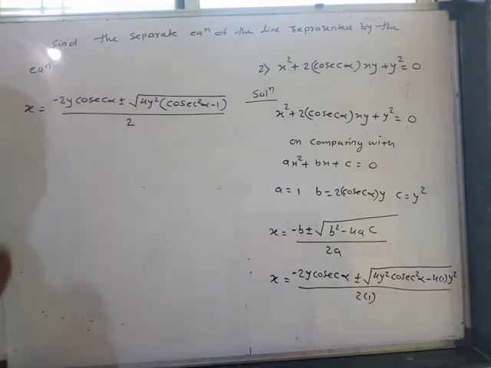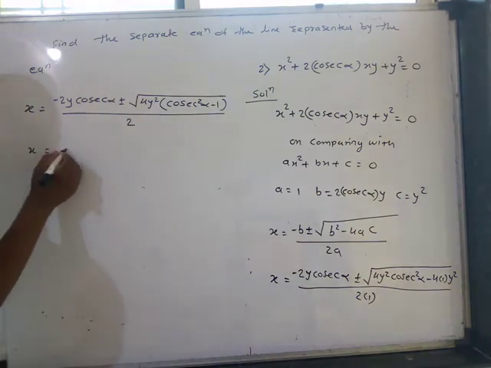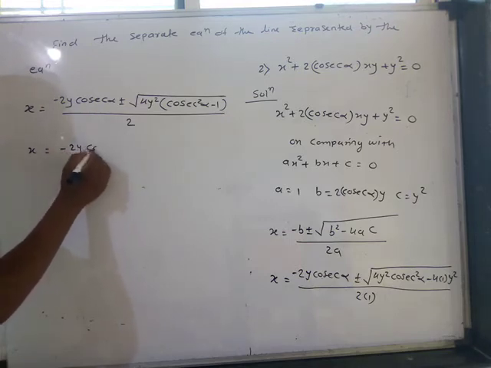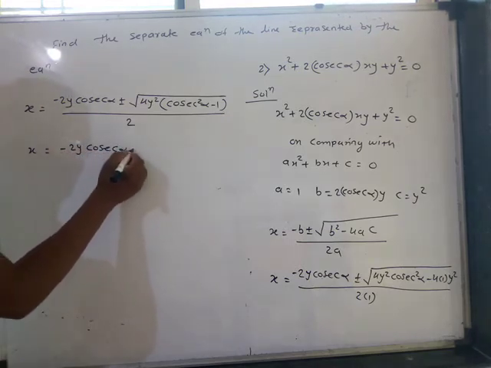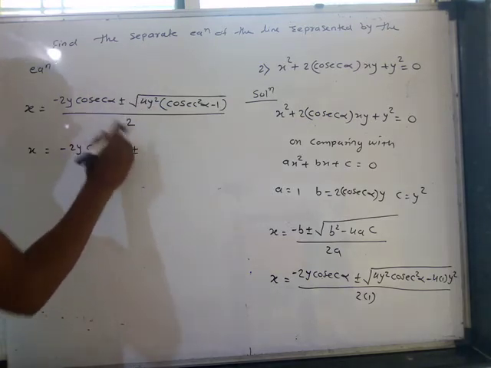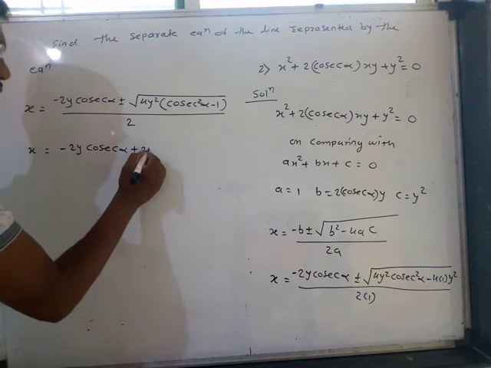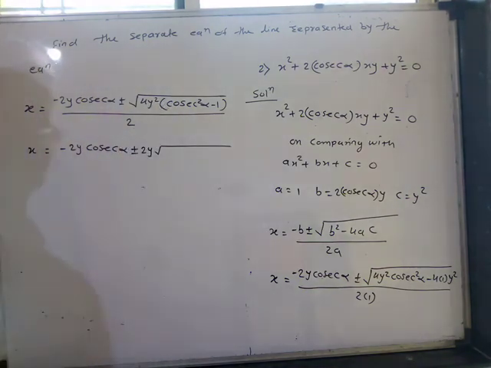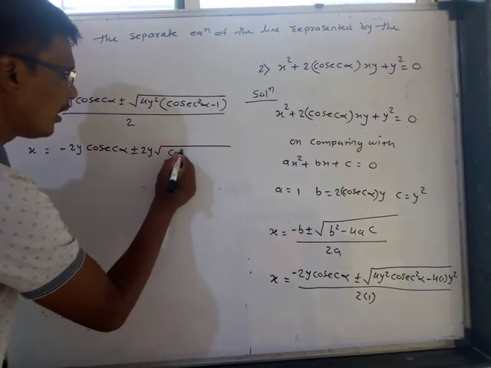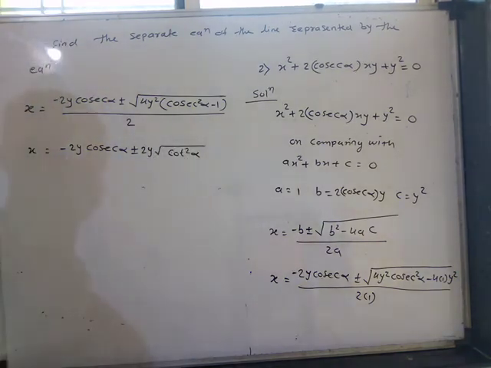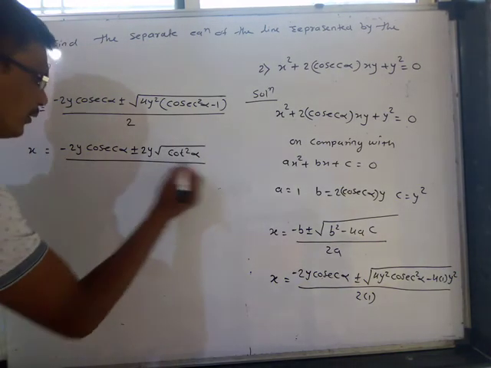Then x is equal to minus 2y cosec alpha plus or minus, taking 4y outside the root, 2y into square root of cosec square alpha minus 1. We know that cosec square theta minus 1 is cot square theta, so this is cot square alpha, whole divided by 2.